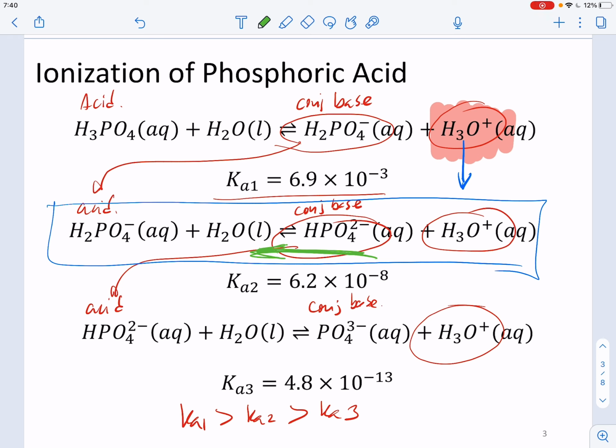So that second step is not so able to release protons to the solution because the protons already coming from the first step are pushing the equilibrium to the left. So it's not favorable for the second step. Same thing happens on the last step. Those are less and less favorable because of the concentration of protons that are already present in the solution.